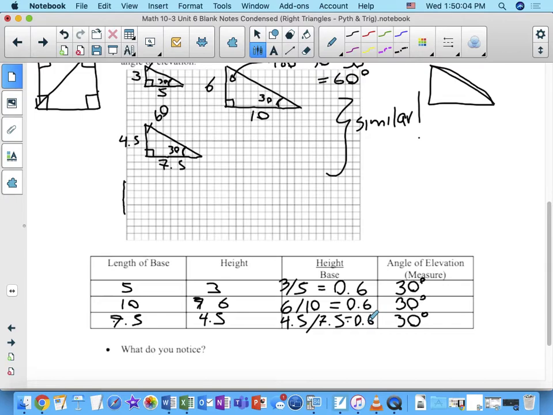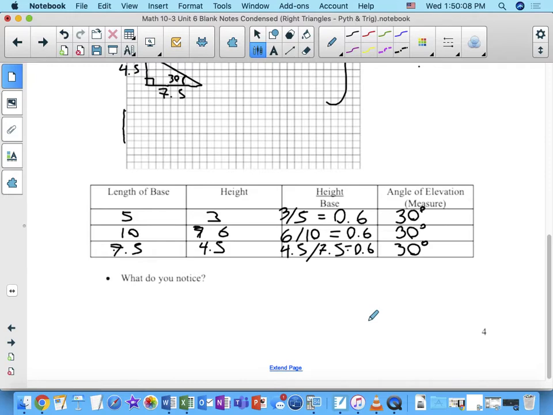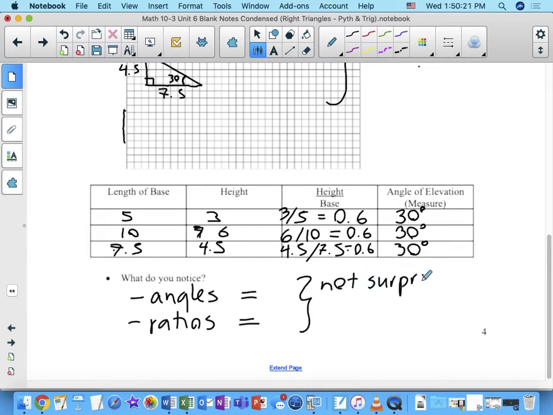Okay? So what do we notice? Well, the angles are equal. Ratios are equal. But again, not surprising, because we have similar triangles here, right?